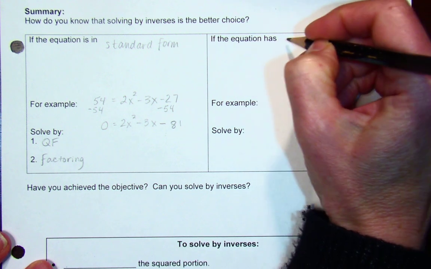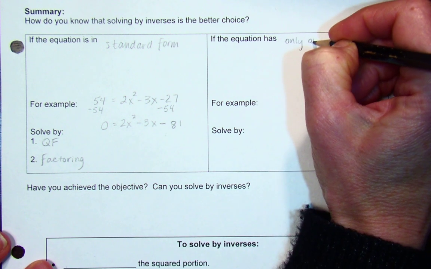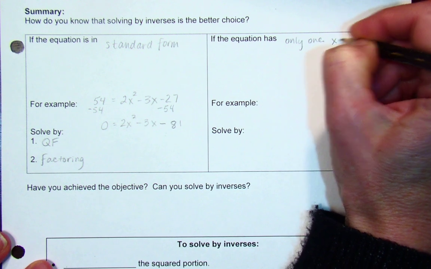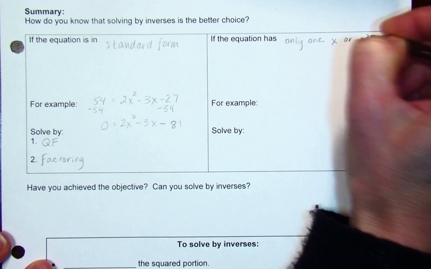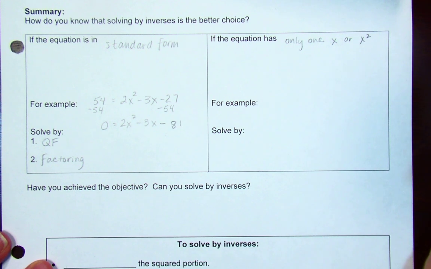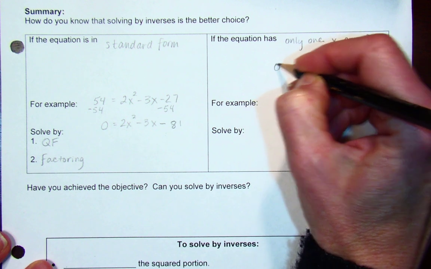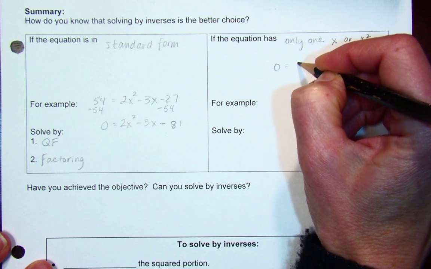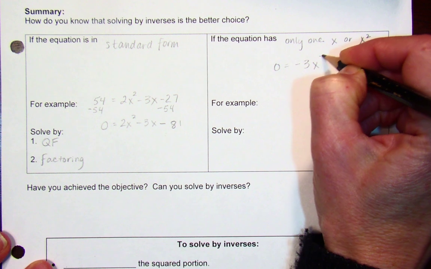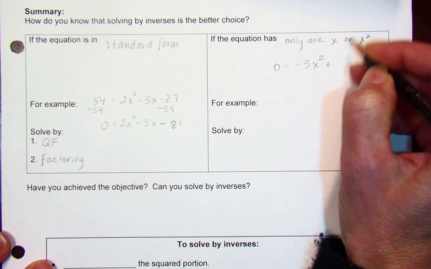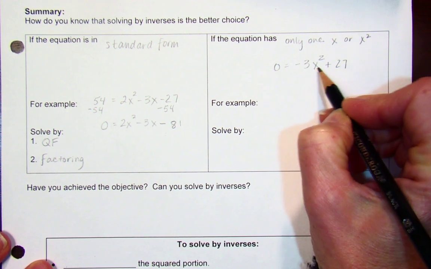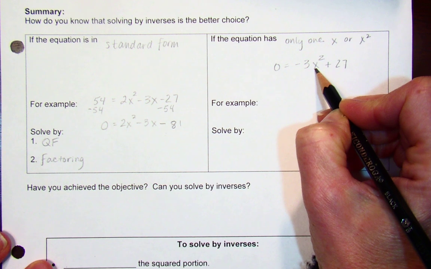Here, if the equation has only one x or x squared that you see, for example, let's say that you had 0 equals negative 3x squared plus 27. That has one x squared term.